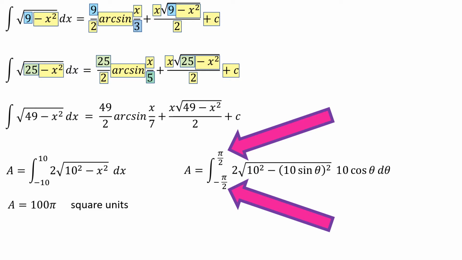Because negative 10 to 10 was when we're in terms of x, but when we had adjusted to theta, we had to adjust it from negative pi over 2 to positive pi over 2. Now, if we already know what the answer should be if we follow it through in terms of x, we don't have to change the limits of integration.